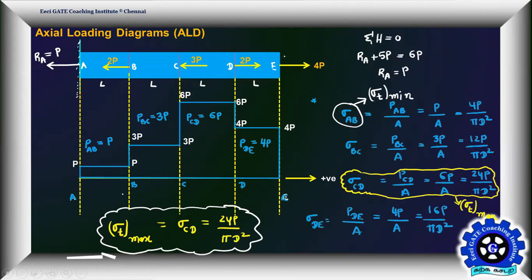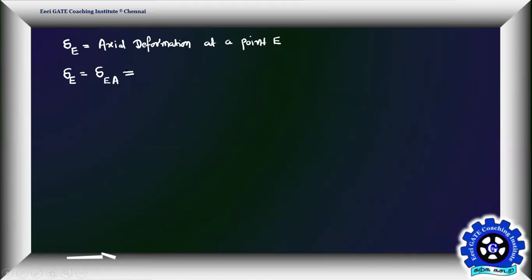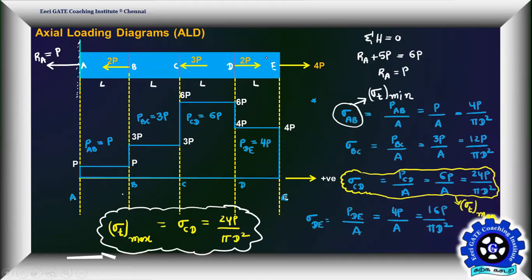Axial deformation at point E means axial deformation at point E with respect to fixed end, with respect to A. So how can you write this expression, delta EA? How to write that expression?